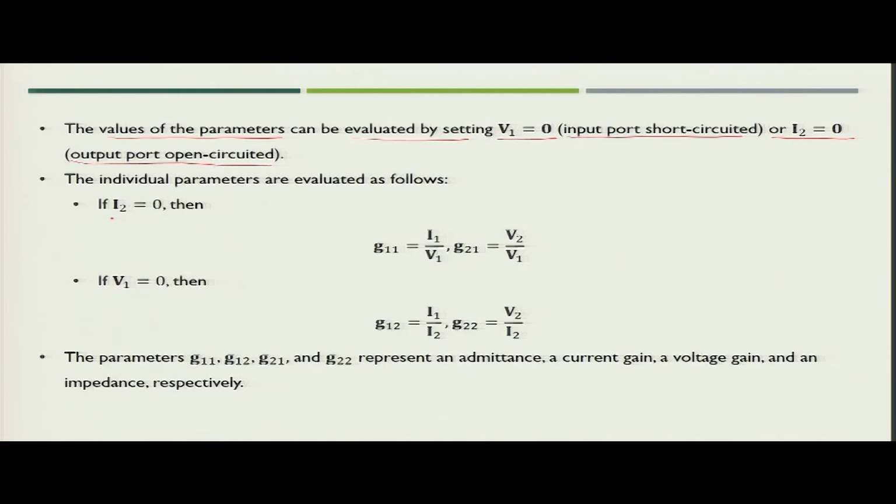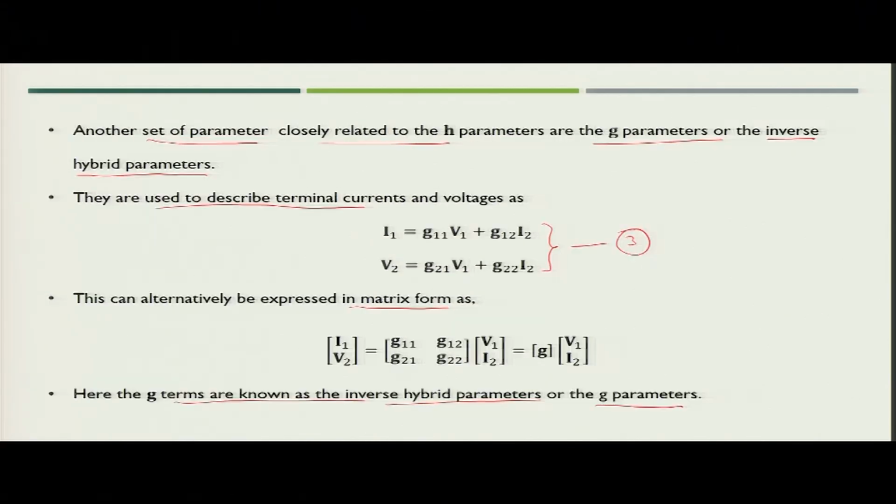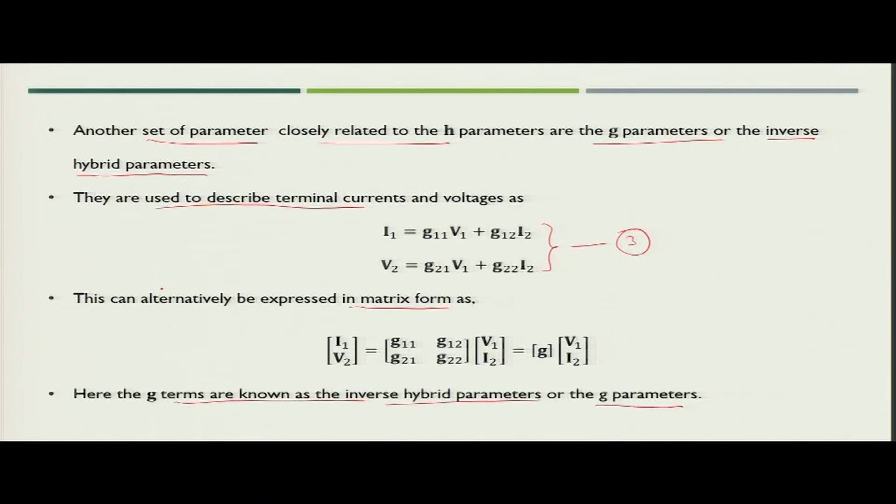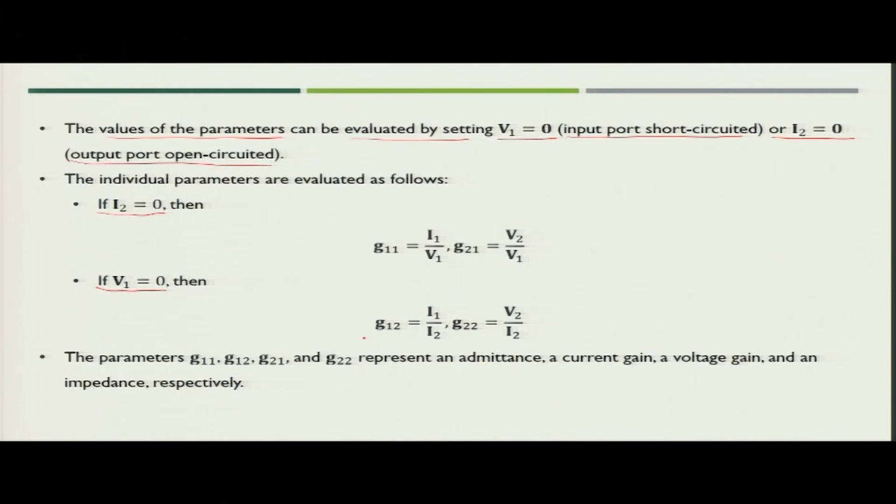Now, if you set I2 equal to 0, G11 we get as I1 upon V1, and G21 we get as V2 upon V1. If you set V1 equal to 0, then you get G12 as I1 upon I2 and G22 as V2 upon I2.